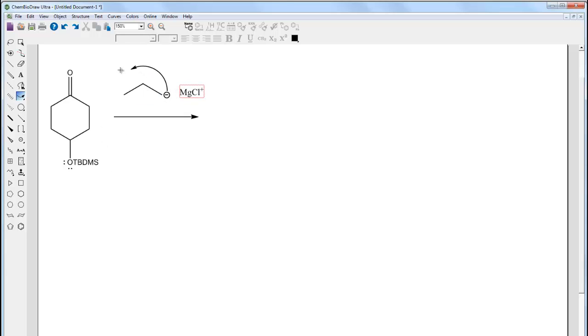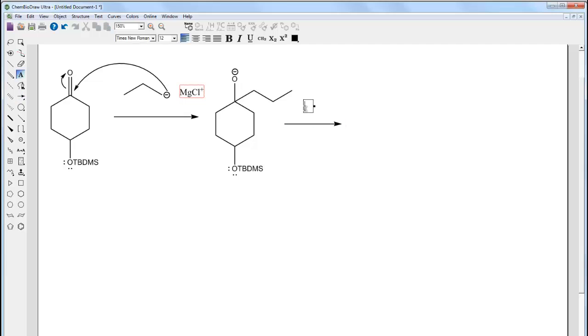In this case, I'm reacting with propyl magnesium chloride. Now my propyl group can attack my carbonyl. As it enters there, it pushes this electron pair out onto oxygen to make the intermediate. So now I've added my propyl group and I have my alkoxide. I can reprotonate that with water to get my final product, or my alcohol.